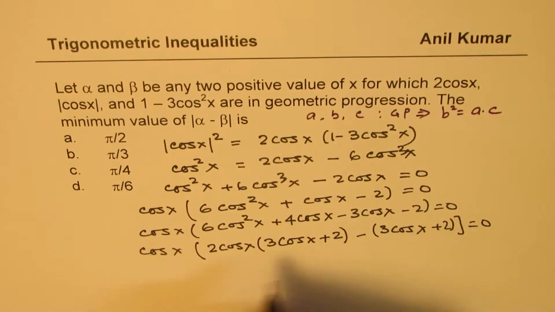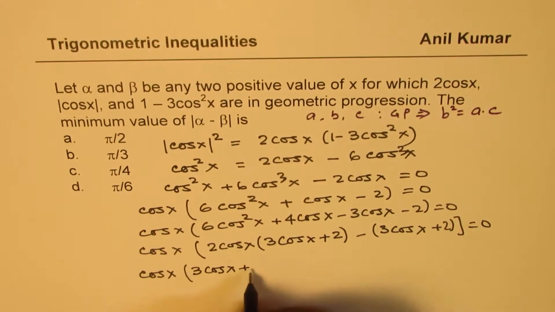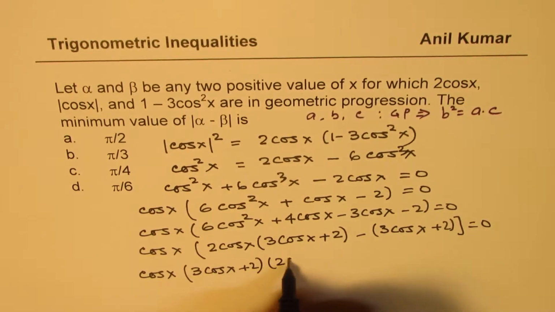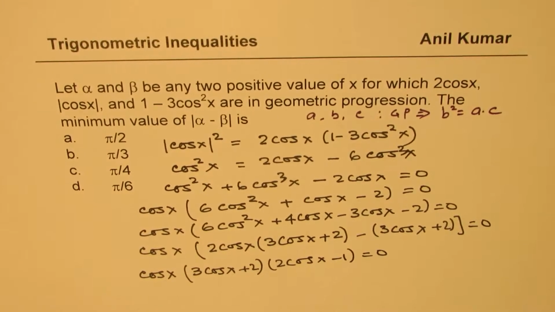Now 3 cos x plus 2 is common, so we could write this as cos x times 3 cos x plus 2 times 2 cos x minus 1 equals to 0.